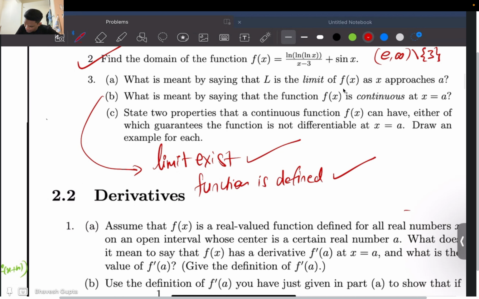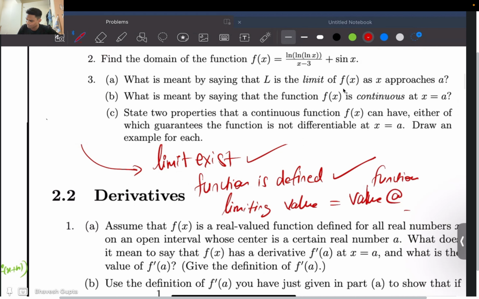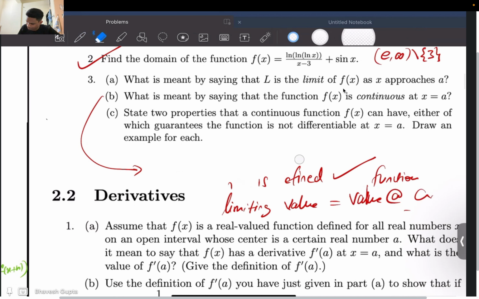I mean to say the limiting value is equal to the function value at whatever the point is, I mean at a. I'm just trying to write this in English, avoiding mathematical language.